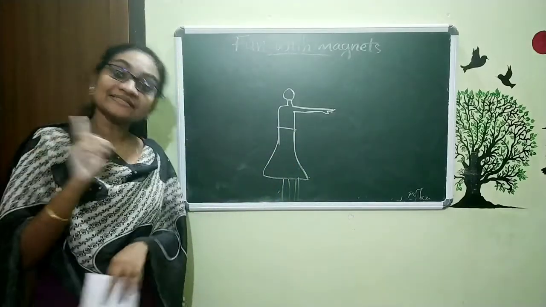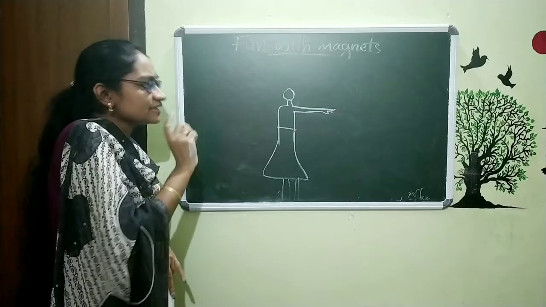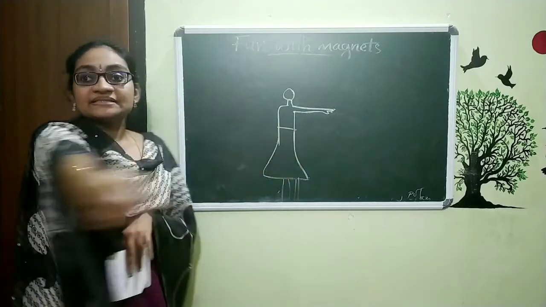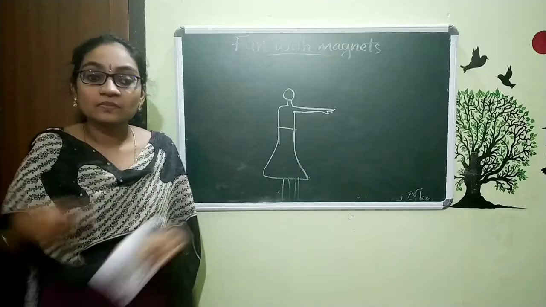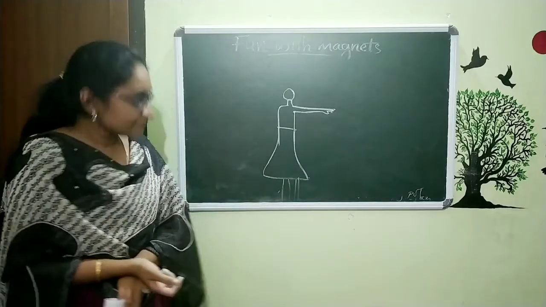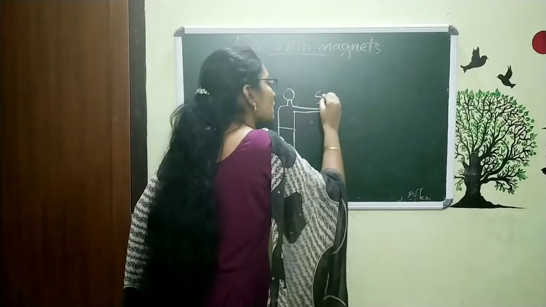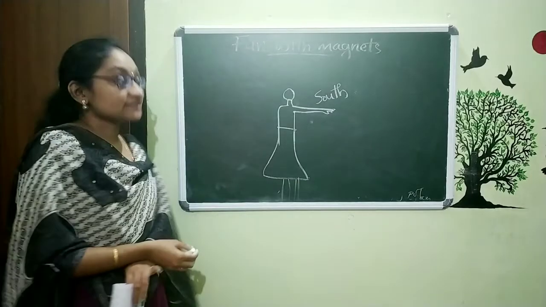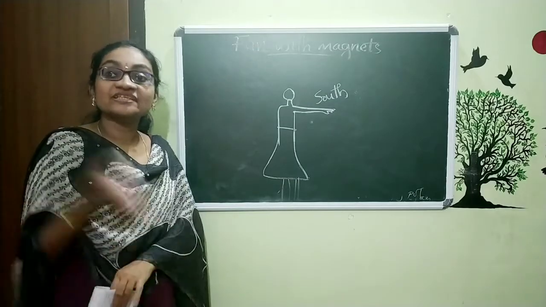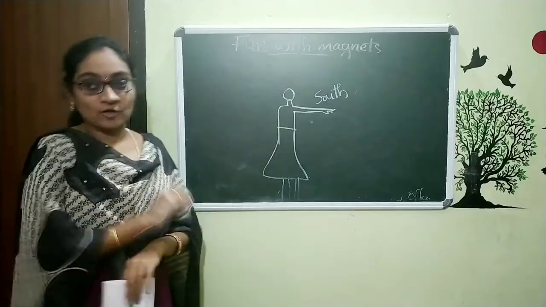And the speciality of this lady or this sculpture is this: it changes its direction according to the motion of the vehicle. That means this hand always points to south. The hand of this sculpture always points to the south of the location. That means geographical south.